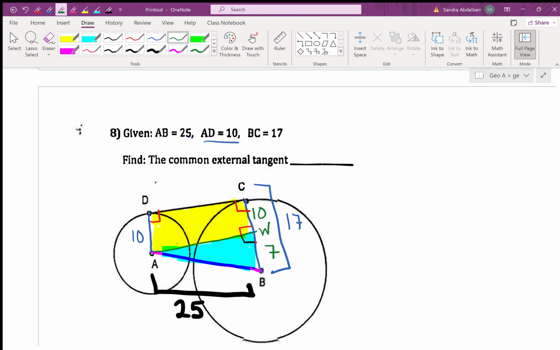What's that triple? 24. If AW is 24, which other segment is 24? DC. Why is DC 24? Opposite sides are congruent. In a rectangle, opposite sides are congruent. So isn't DC the common tangent? So it is 24 units long.